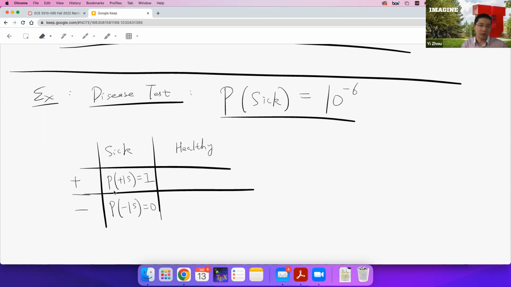We call this almost sure. And then for a healthy person, he or she may still have a positive test result, but this chance is very rare. It's like 0.1%. And most likely, he or she will get a negative test result. So this setting is very reasonable.